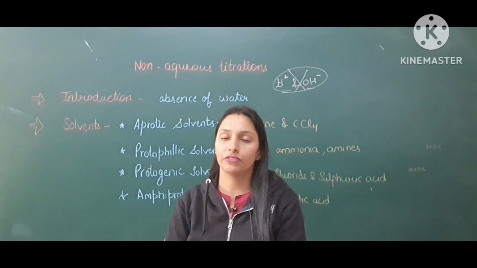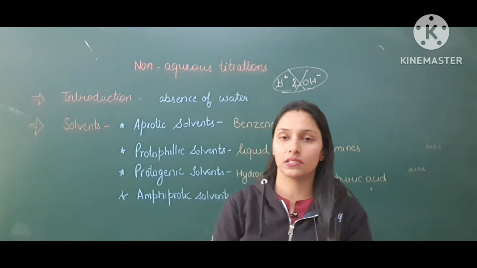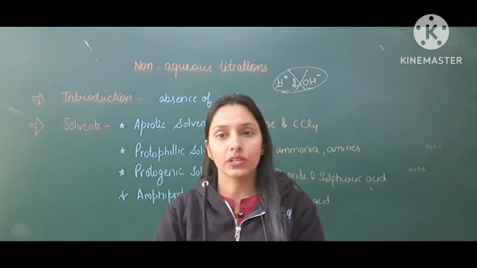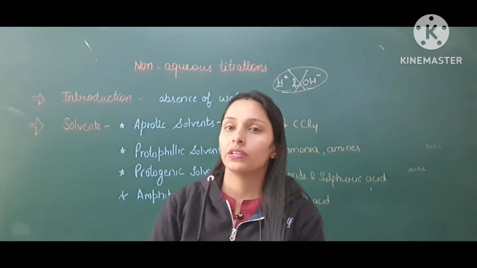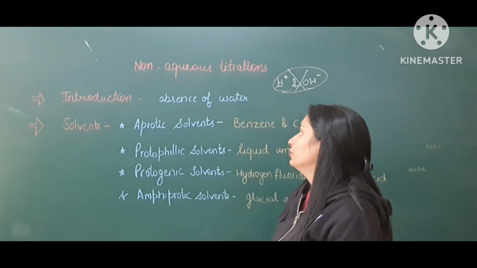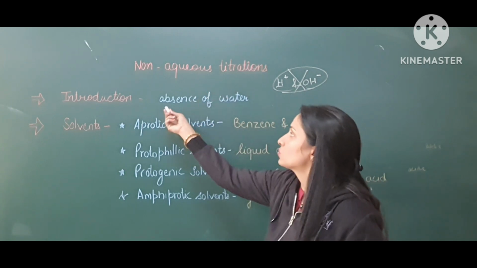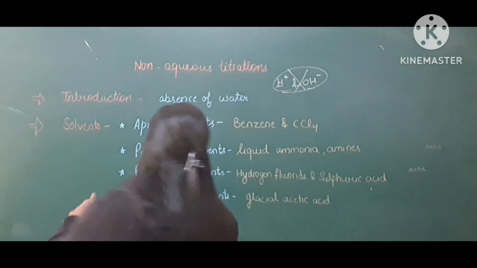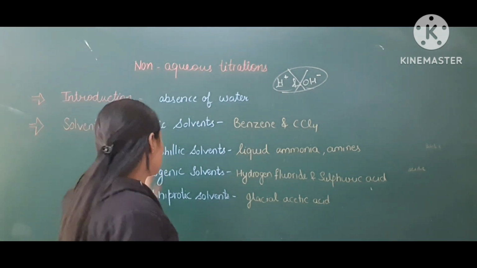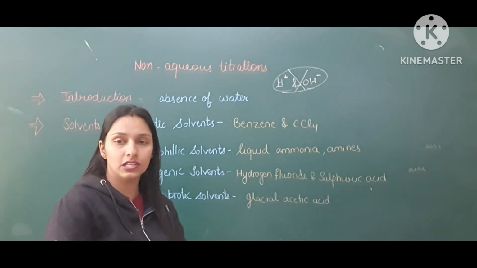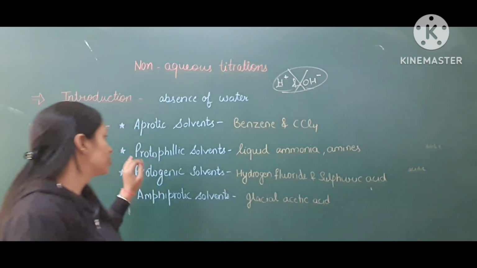Weakly acidic and weakly basic substances do not give a sharp endpoint, due to which they are carried out with non-aqueous solvents. So, solvents other than water are used. Four types of solvent are used.